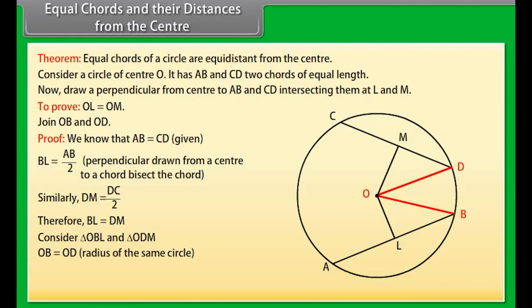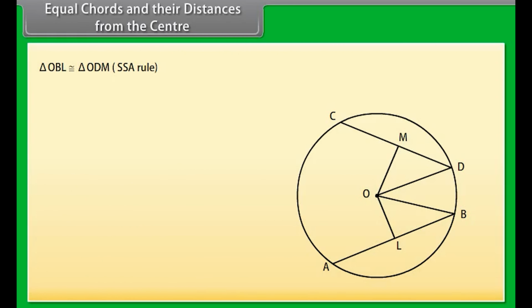OB is equal to OD, radius of the same circle. BL is equal to DM, proved. Angle OLB is equal to angle OMD, which is equal to 90 degrees, given. Therefore, by SSA congruence rule, triangle OBL is congruent to triangle ODM.